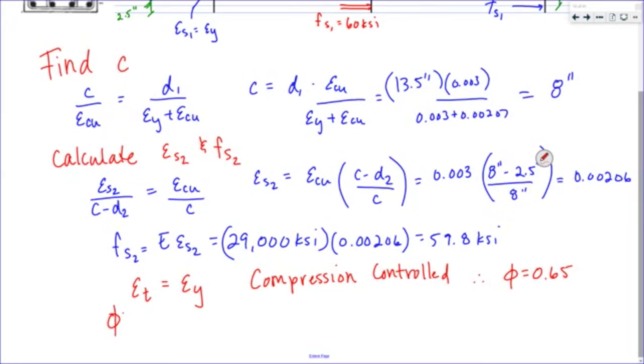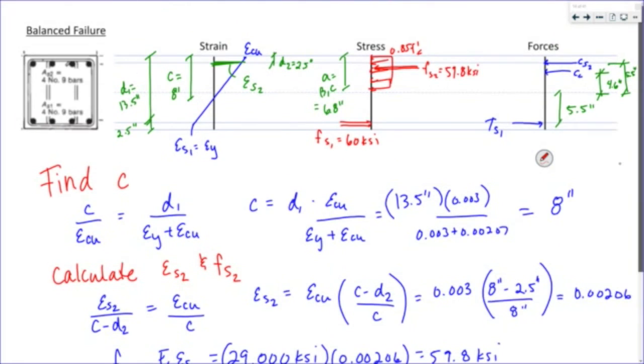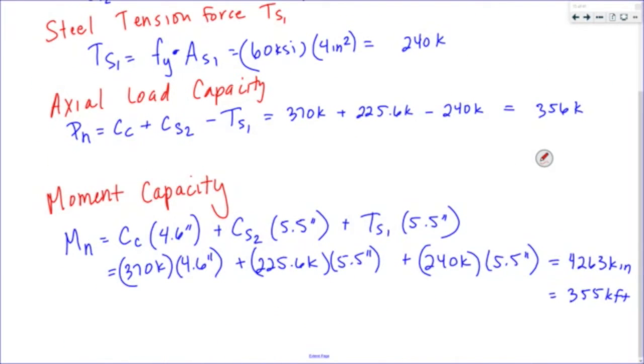So phi Pn is equal to 0.65. Oh gosh, I should have done this on the next one, because this isn't where the stuff is. But you can see my strain right here is equal to epsilon y. So let's see. Epsilon T is equal to epsilon y.